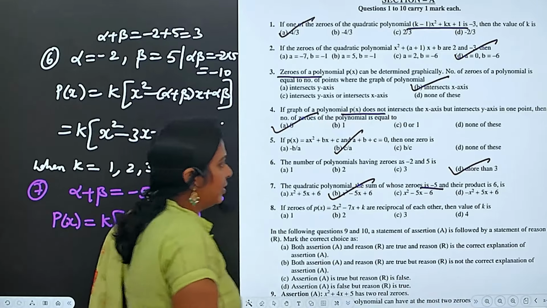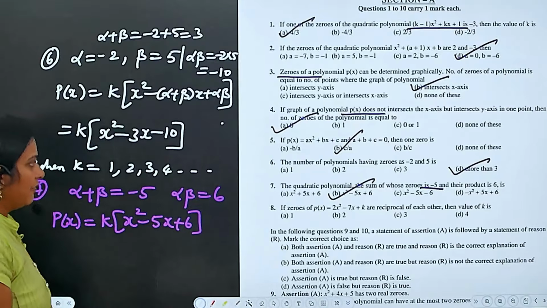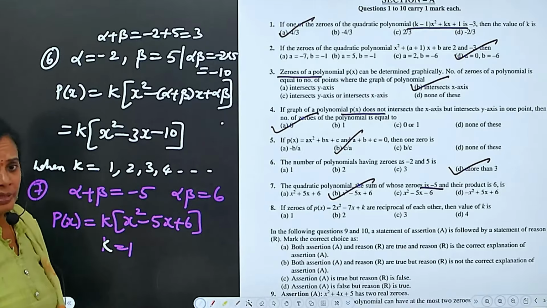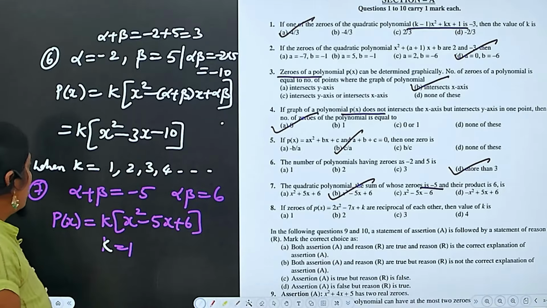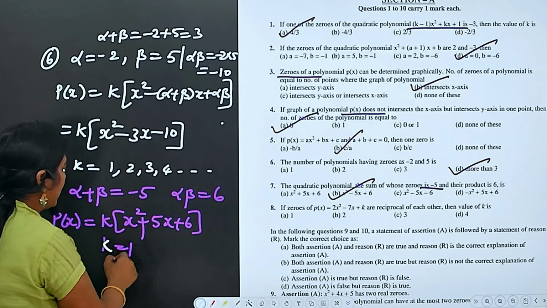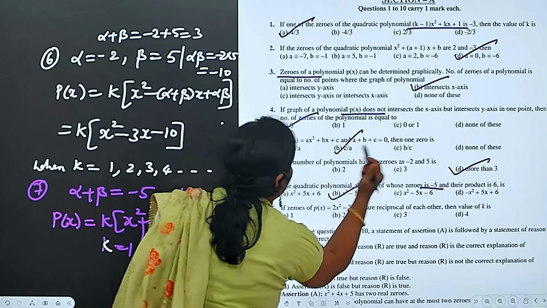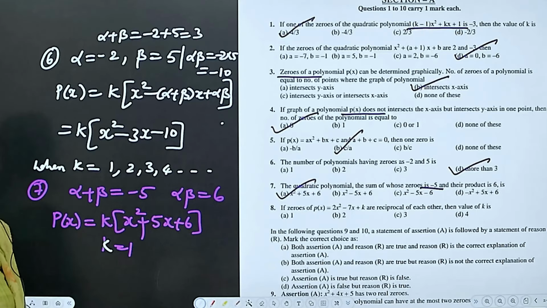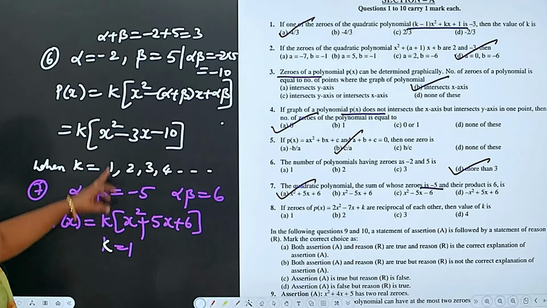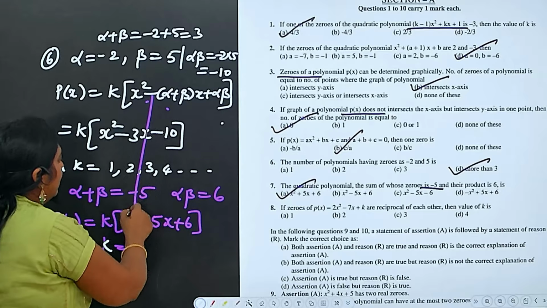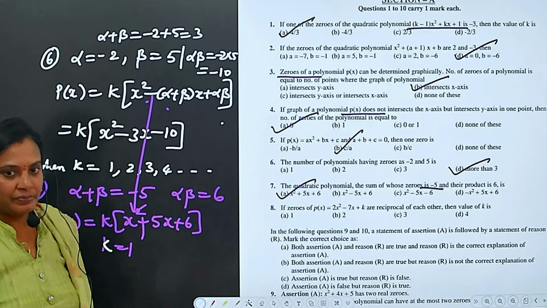This is the suitable. K, we choose k equal to 1. Oh, minus alpha plus beta, minus of minus 5, good, plus means b is wrong, a is correct. X square plus 5x plus 6, the minus of minus 5, ఇదే ఇక్కడ వస్తే minus of minus 5.